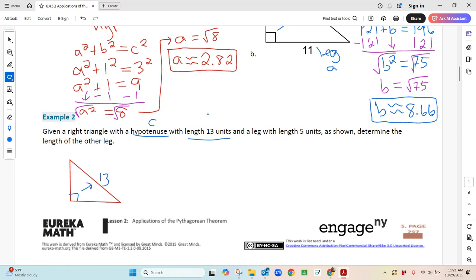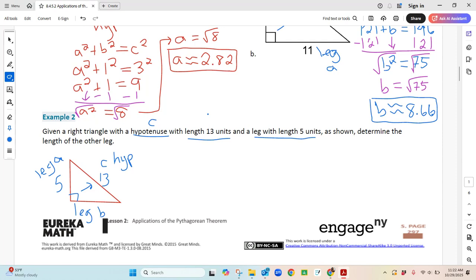Our C is our hypotenuse. And it's 13 units. And a leg of 5 units. I'm going to pick this leg over here to be 5. I'm going to call it A. Determine the length of the other leg.